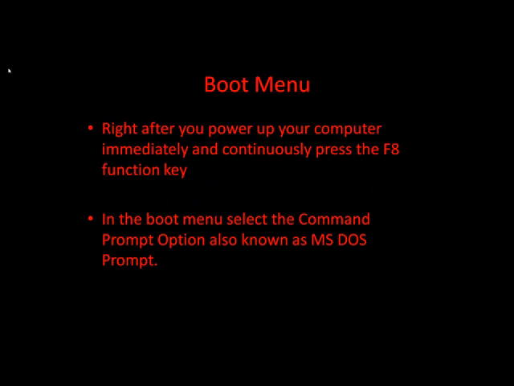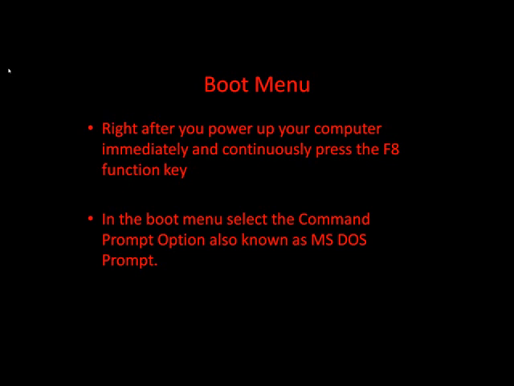I wanted to show you how to use command prompt on the boot menu, but I wouldn't be able to record this video through the boot menu. So instead, I'm going to use the command prompt from Windows and just pretend that you're at the boot menu.